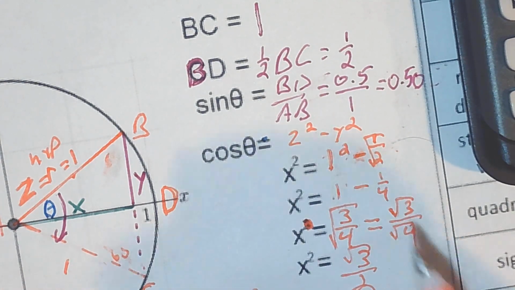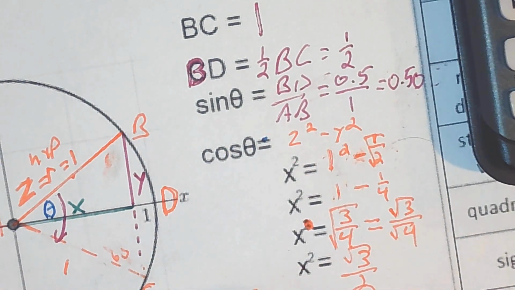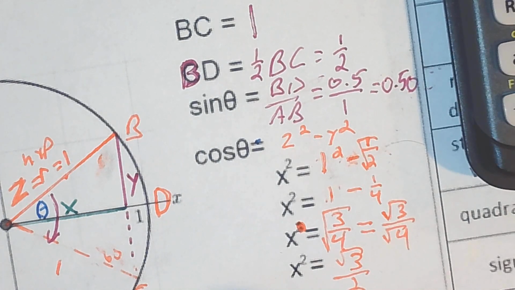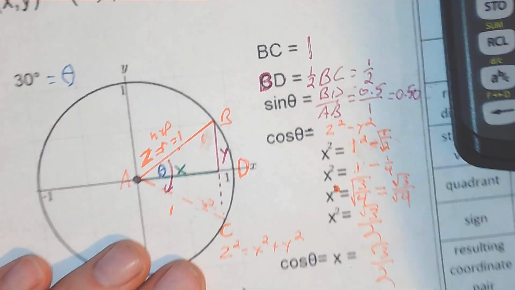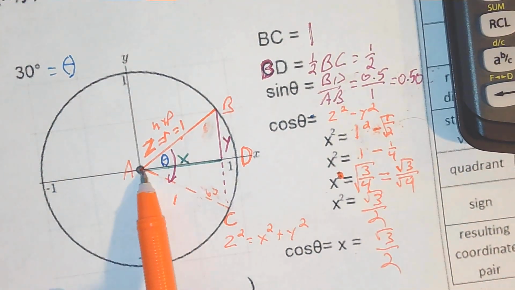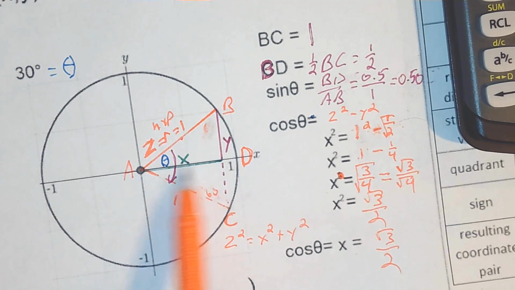Okay, so the cosine of theta equals x, which equals square root of 3 over 2. That is how you figure out what the x value is for this angle. Notice that this is the long side, the long distance from an axis, square root of 3 over 2.